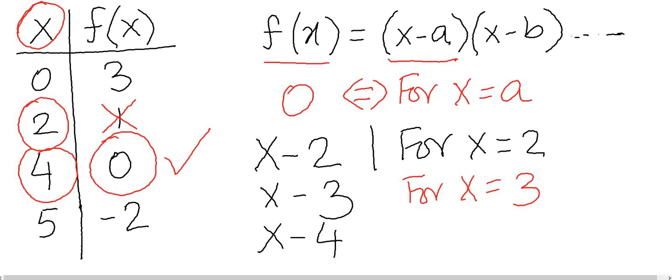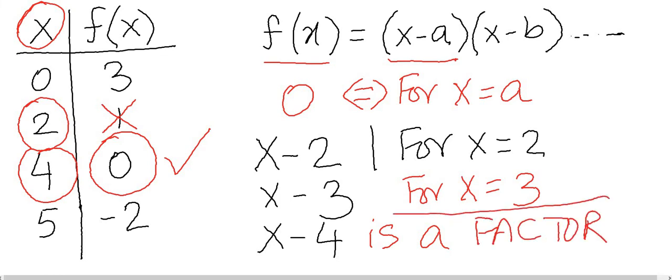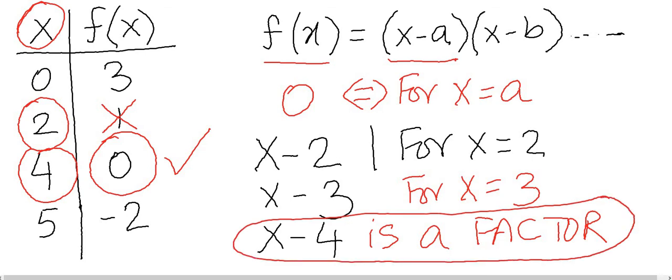That means x minus 4 is a factor, right? All right, then let's look at the last option of x minus 5.